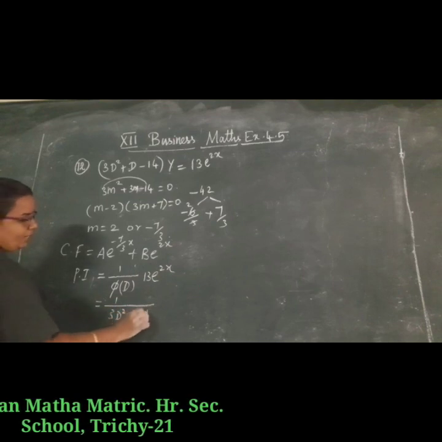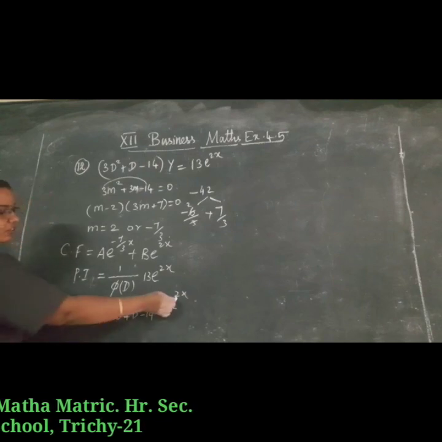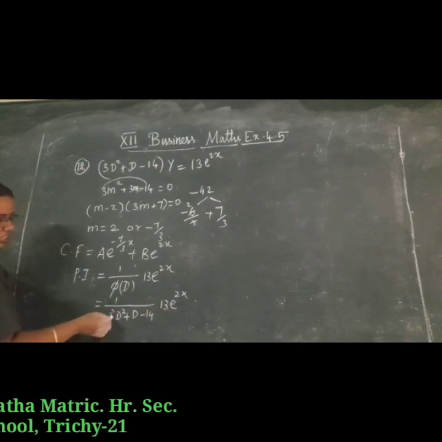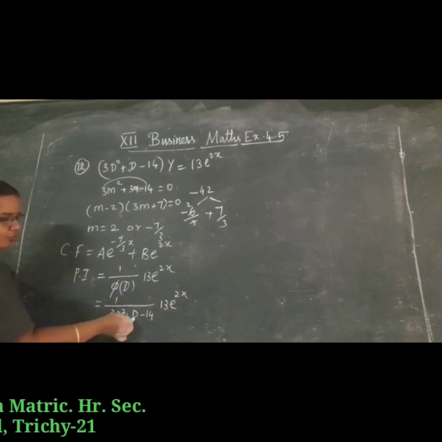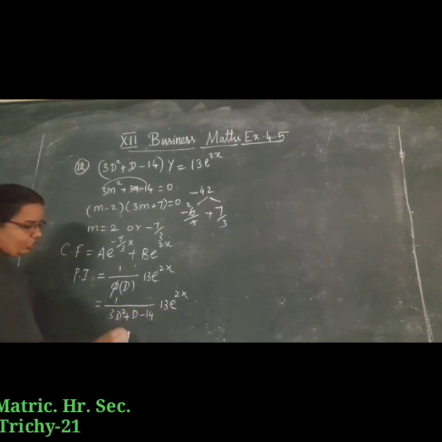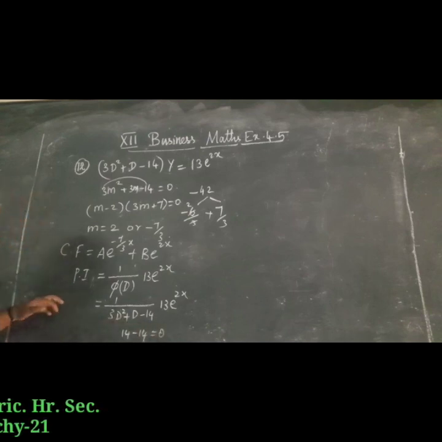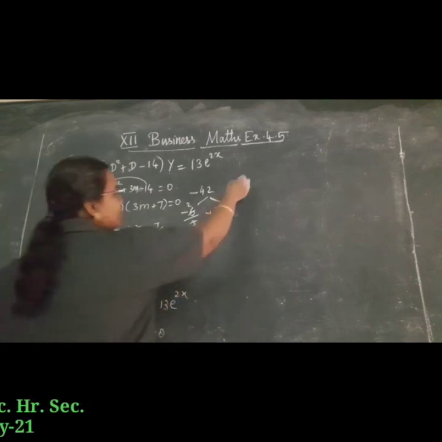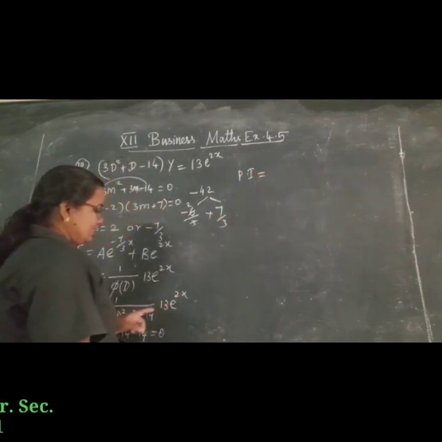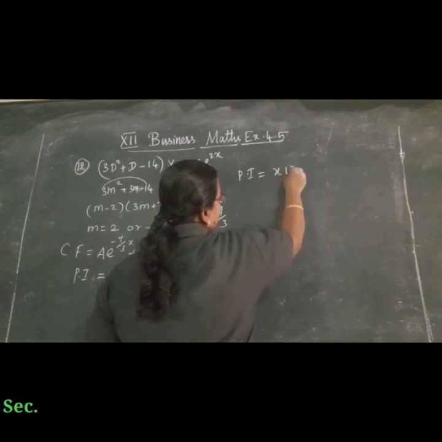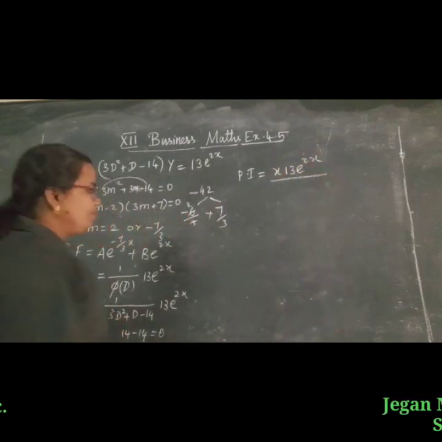Particular integral: 1 by (3D squared plus D minus 14) into 13 e power 2x. So instead of D, we substitute 2, that is 2 squared, 4, 4 3s are 12, 12 plus 2, 14, 14 minus 14, 0. So differentiate this equation, we get particular integral is equal to x into 13 e power 2x divided by 6D plus 1.